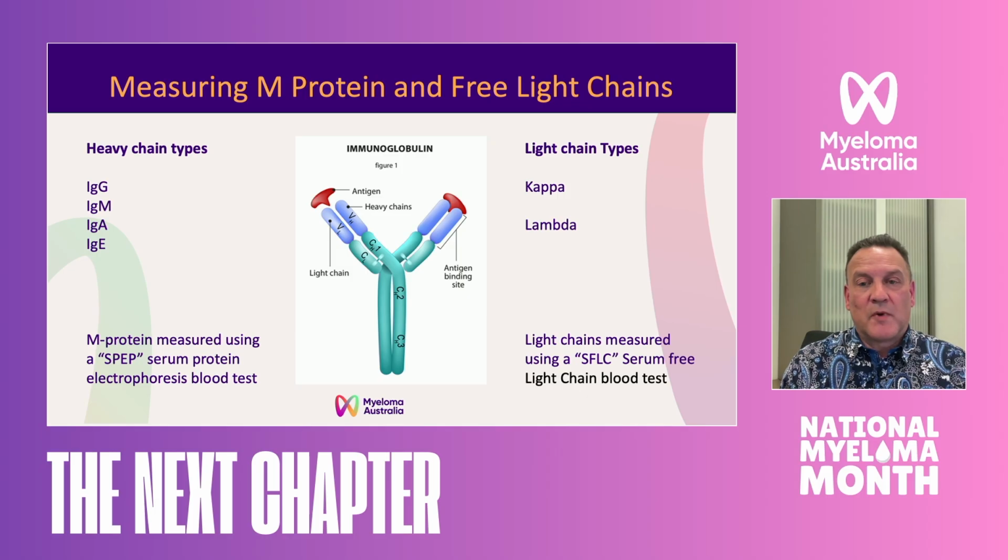And then the small bits are called light chains, and they're called kappa and lambda. So that gives you a way of understanding when people say IgG kappa, that's what they're talking about. It's the structure of the molecule that your myeloma is making. I'll talk about light chains in a bit more detail in a minute.